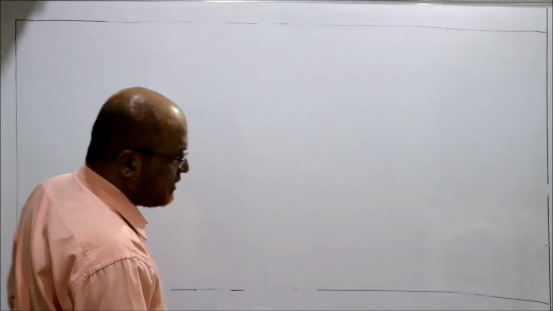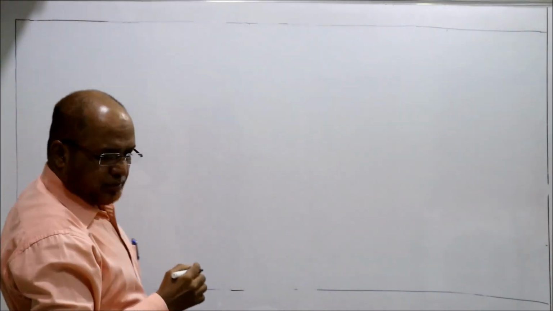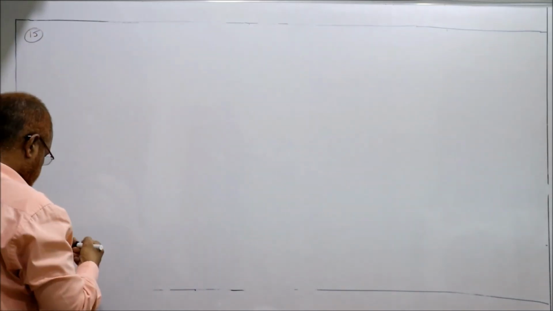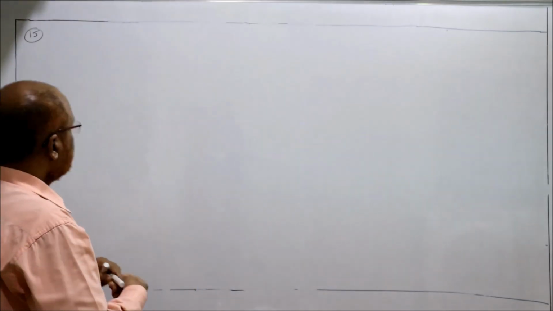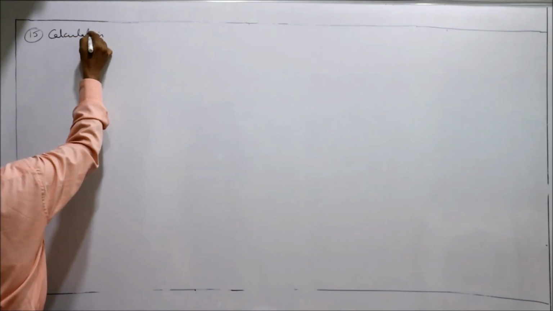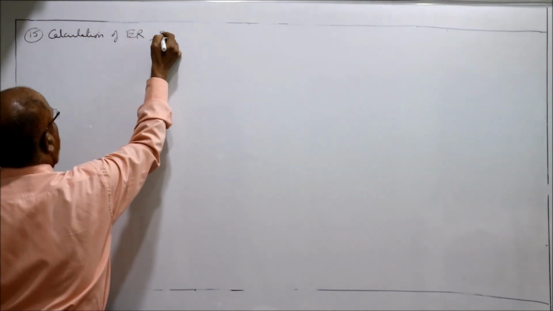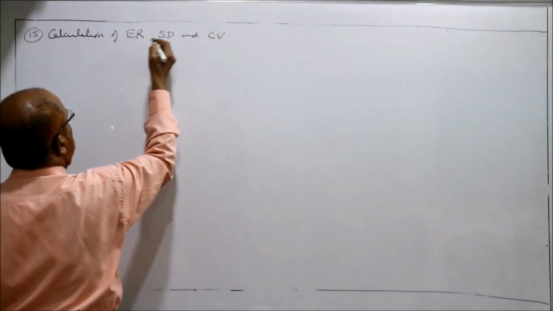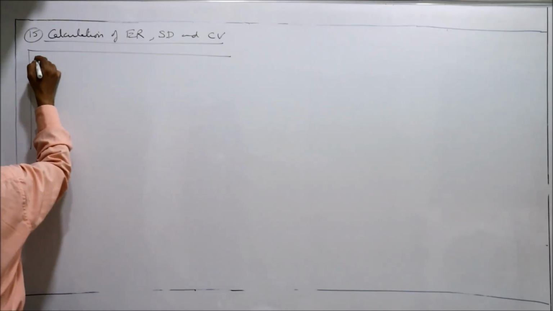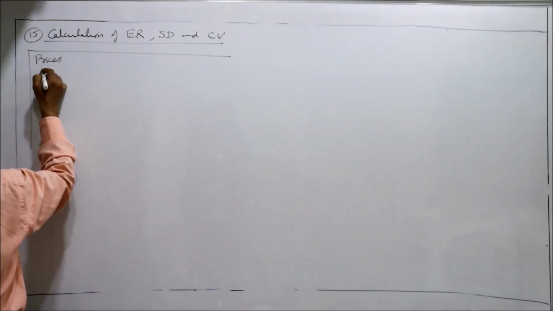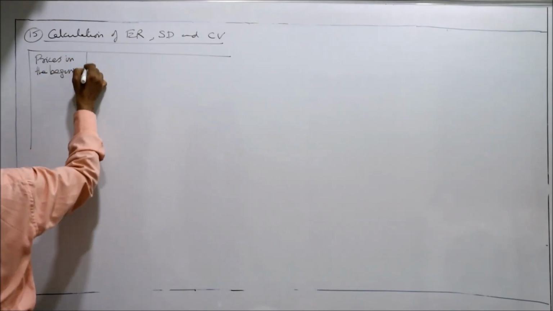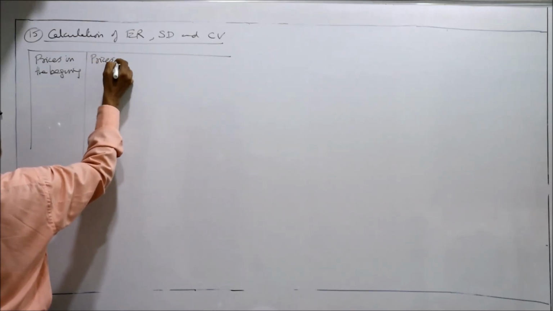So, we are given, this is problem number 15. Calculation of expected return, standard deviation and coefficient of variation. Prices in the beginning, prices at the end.